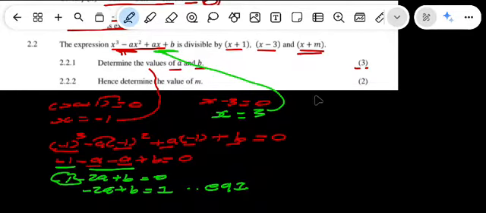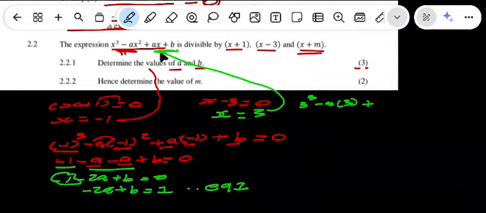So as we substitute there, we have 3 raised to the power of 3 minus a, then we multiply this by positive 3.